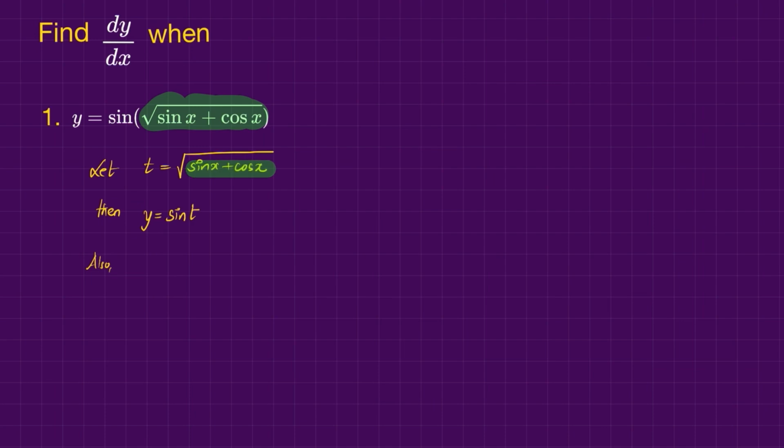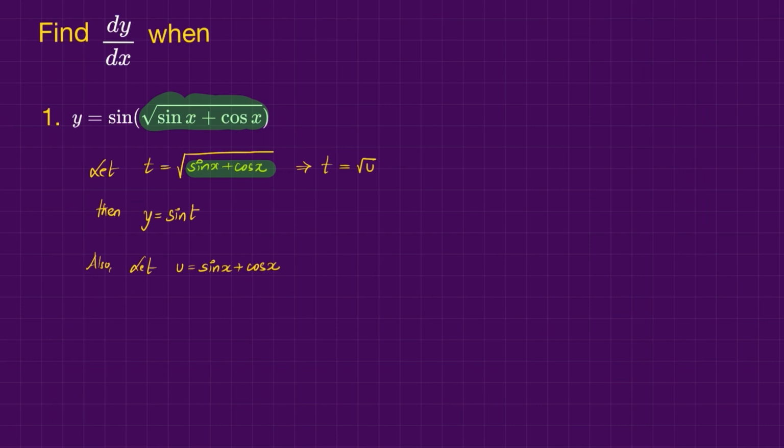Okay, so let u equal sine of x plus cos of x. So if u equals sine of x plus cos of x, then this implies t can be written as root over u.